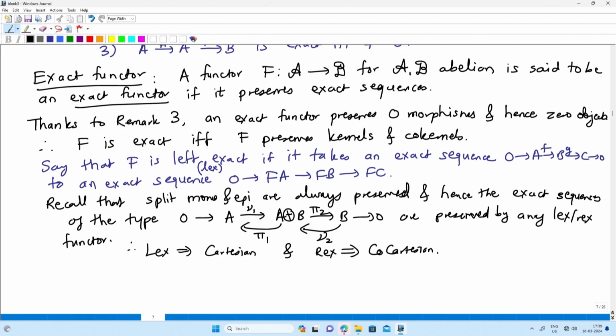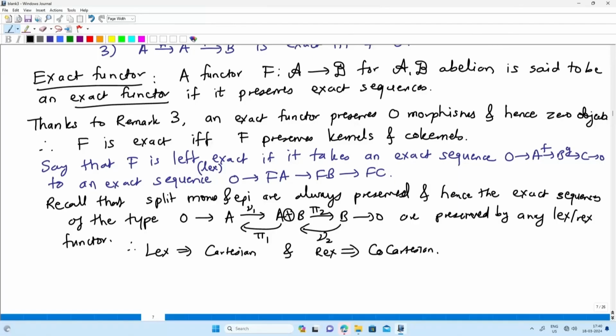And the co-equalizers of kernel pairs exist, and the definition of abelian categories is self-dual. So therefore lex is precisely regular, I mean exact is precisely regular, but then it automatically gives you the other half because it is a self-dual definition.